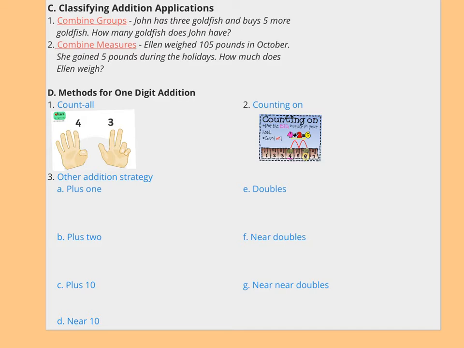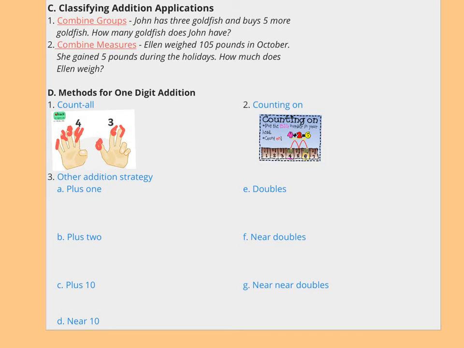In the example that we see here, we have 3 fingers and 4 fingers. So a student would count this as 1, 2, 3, 4, 5, 6, 7 to get their total. They would just be counting and touching each item and giving a count for it.